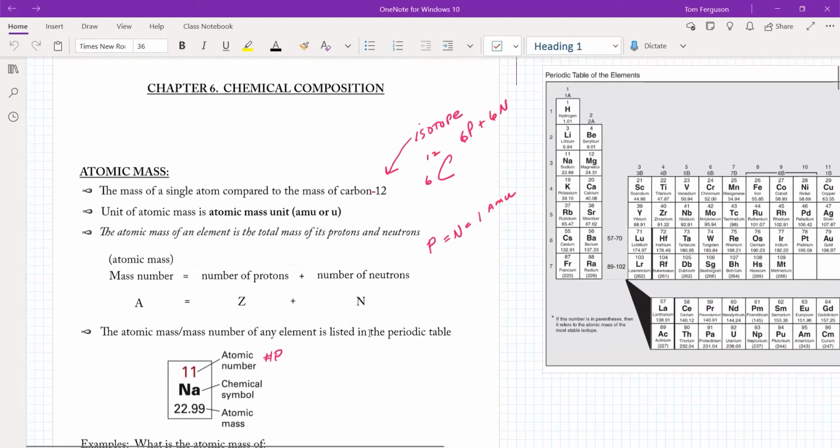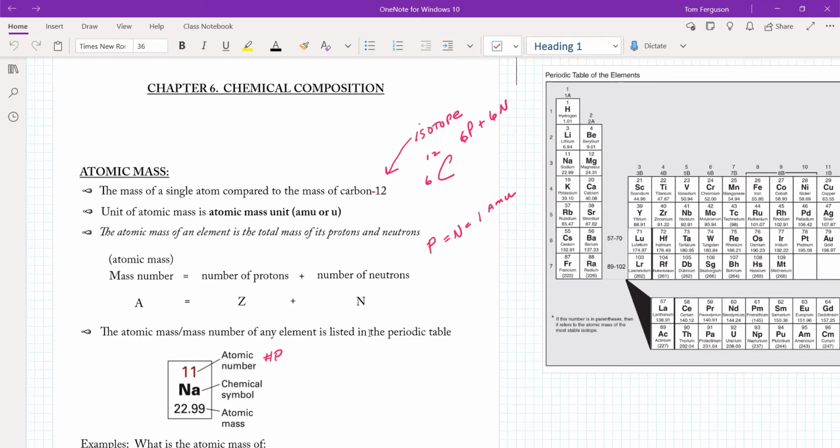Now, if you remember, carbon-12 has 6 protons, 6 neutrons. It exactly weighs 12 units.